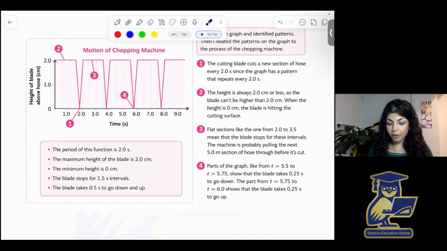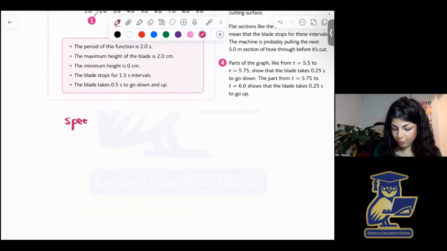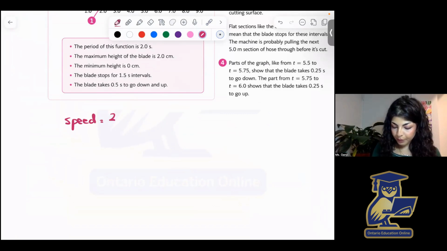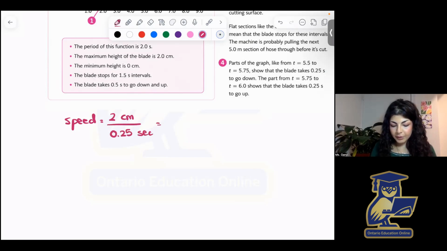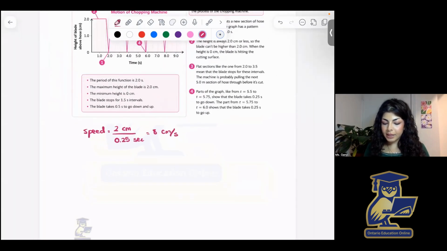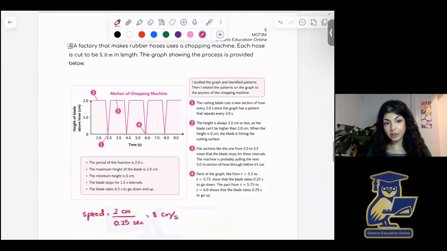And we can actually determine the speed because we know that every time it goes up and down, it travels 2 centimeters, as we just said from the maximum and minimum, and it does this in 0.25 seconds. So this is a speed of 8 centimeters per second. So pretty fast machine. And that is the interpretation of this graph with relation to the application problem.